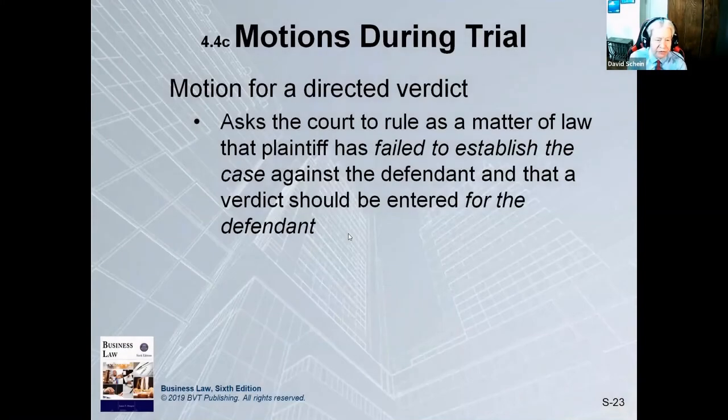Motion for directed verdict follows the presentation of the plaintiff's case. So for instance, they spend 2-3 days presenting the plaintiff's case in all of its glory. And then the defense attorney stands up and says, "Judge, these guys didn't prove a thing. It's a stupid case. They're losers. We want you to give us a motion for directed verdict."